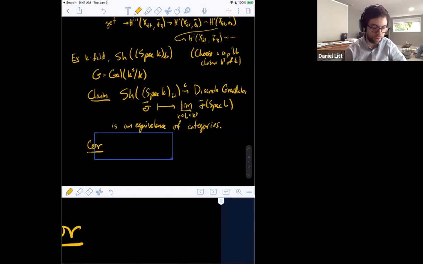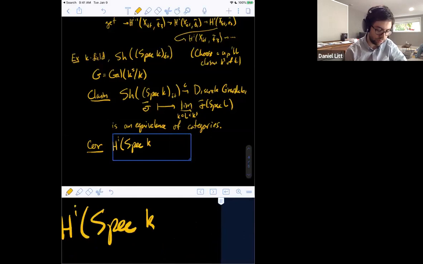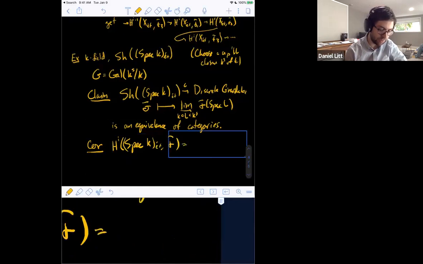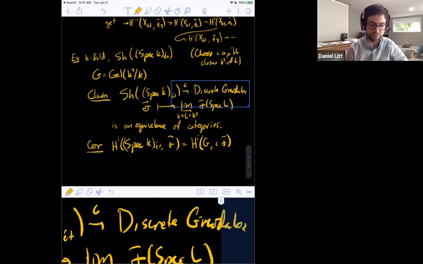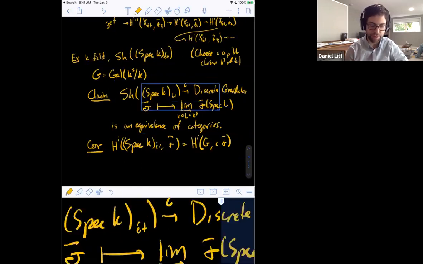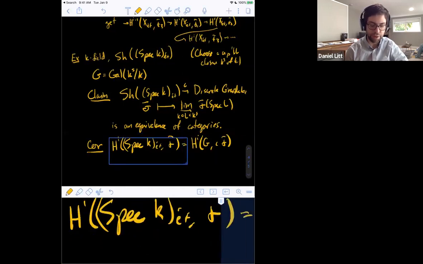The corollary of this statement is that the Etale cohomology of Spec K with coefficients in some F is the same as the Galois cohomology, the group cohomology of G with coefficients in iota of F. Why is that? Derived functor cohomology only depends on the ambient abelian category. So if we have these two ambient abelian categories, as long as we know that H^0 is the same, then we win. Okay, and what's H^0?